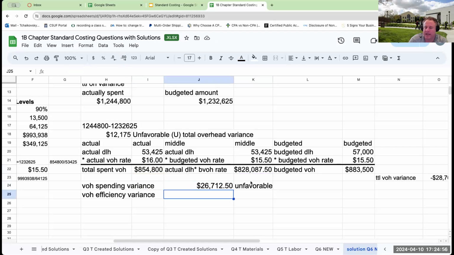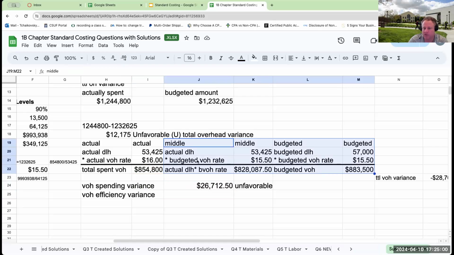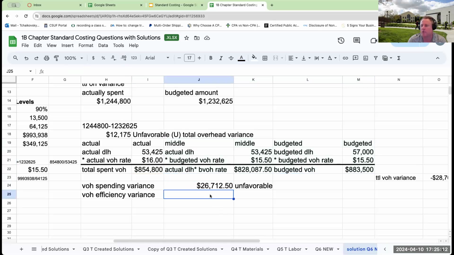Now, for my efficiency variance, I'm basically comparing the actual direct labor hours I spent to the budgeted direct labor hours, and I'm leaving the variable overhead rate the same on both, right? This helps me compare. By the way, if you're taking my class, I am not going to be providing you any of these formulas.